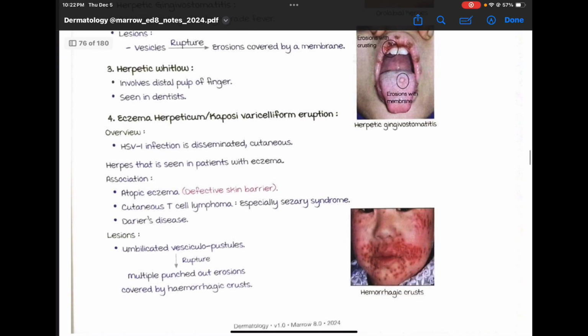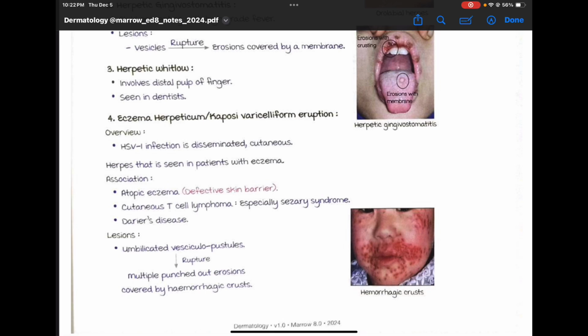Eczema herpeticum, Kaposi varicelliform eruption. Overview: herpes simplex virus 1 infection is disseminated cutaneous herpes that is seen in patients with eczema.